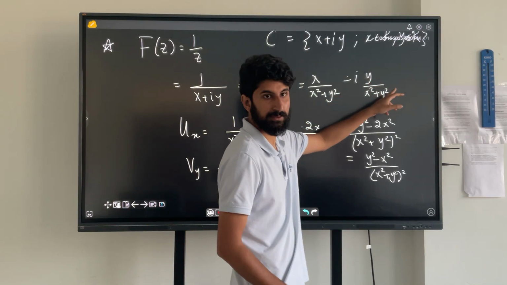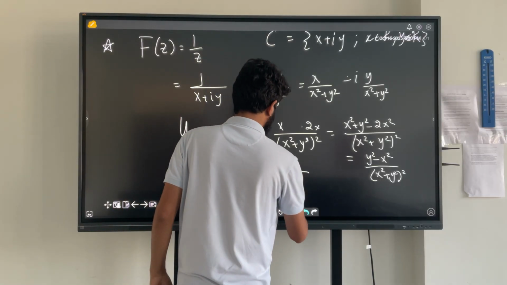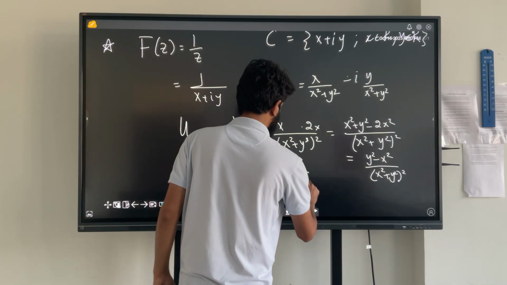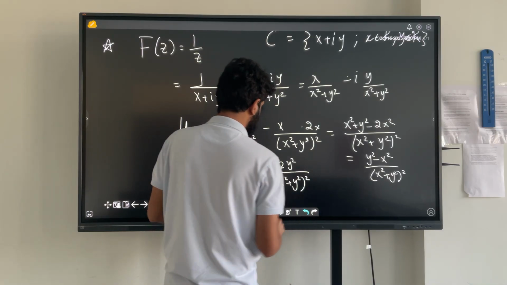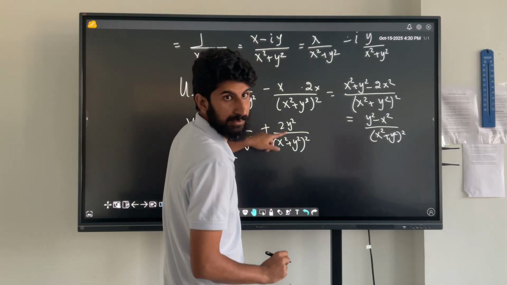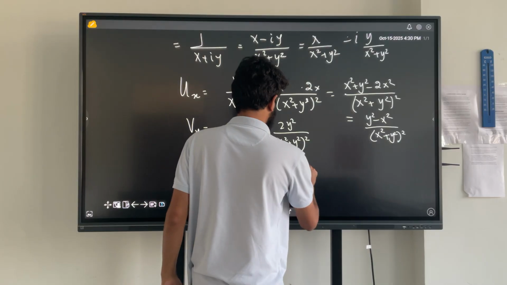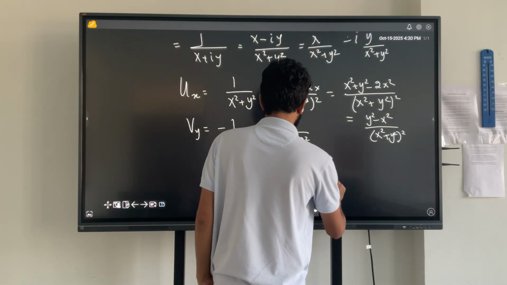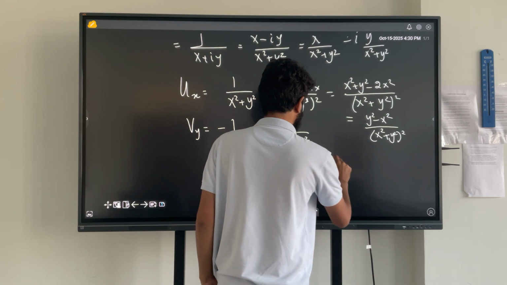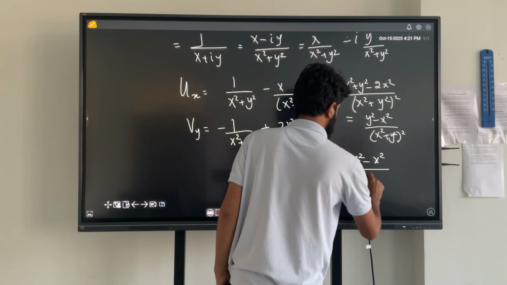First differentiate this, then plus 2y over x square plus y square whole square times 2y, and then it becomes 2y square. And what is this guy? It is minus x square minus y square divided by x square plus y square the whole square plus 2y square. What do I get? y square minus x square divided by x square plus y square the whole square.